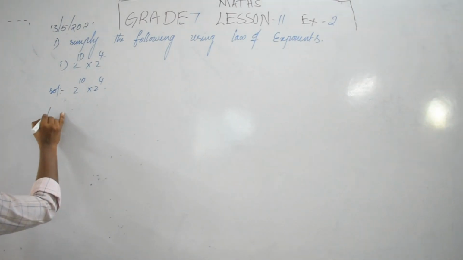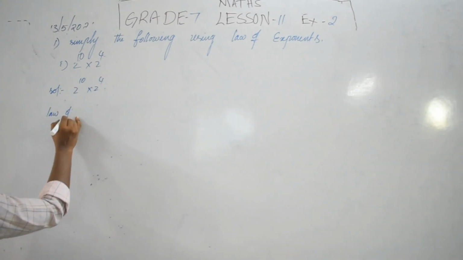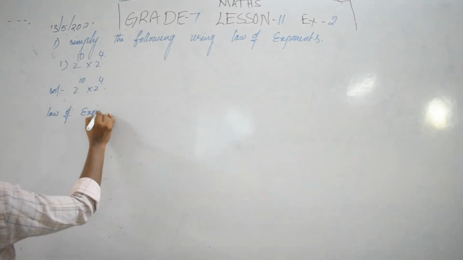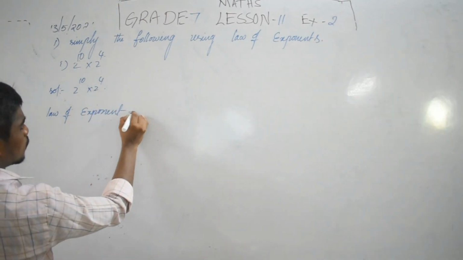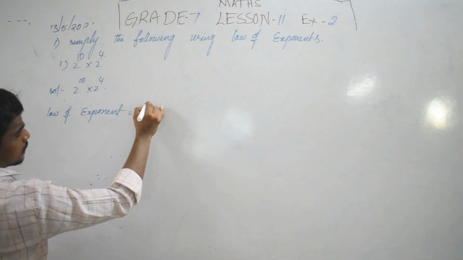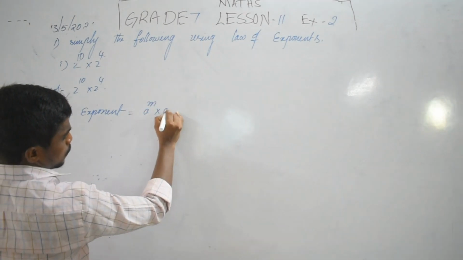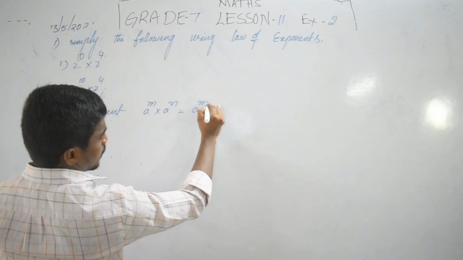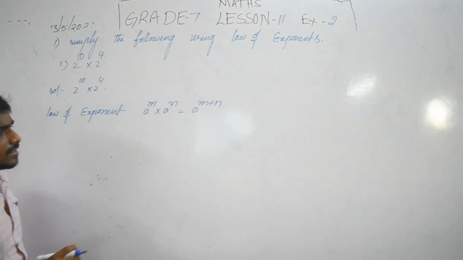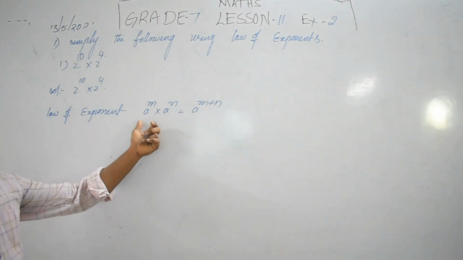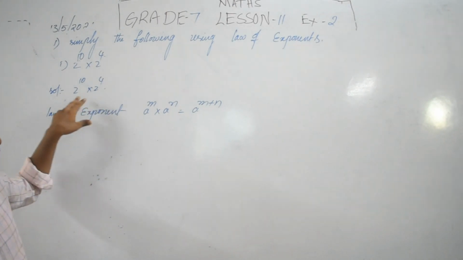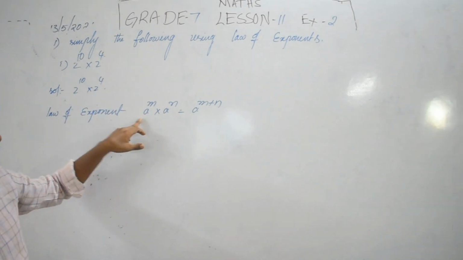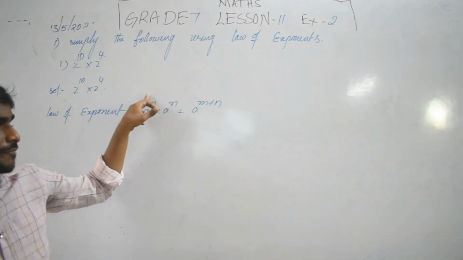In the law of exponents, a power m times a power n equals a power m plus n. This is the law. See, the bases are equal and the powers are different.